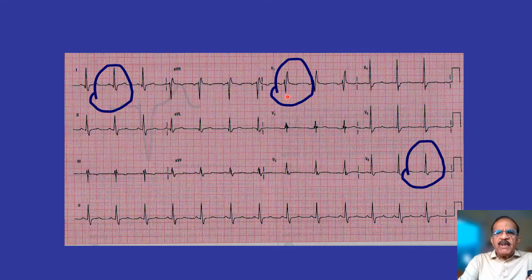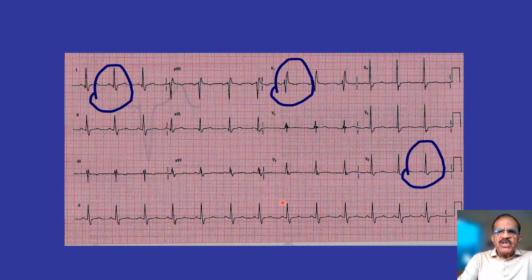Normally there should not be, or there should be only a small R wave after the S wave, but in this case there is a prominent broad wave after the S wave, and this is called R prime. R prime is additional R. So what is R prime? This is any upward deflection in a QRS complex after the first R. Okay, so this is R prime.